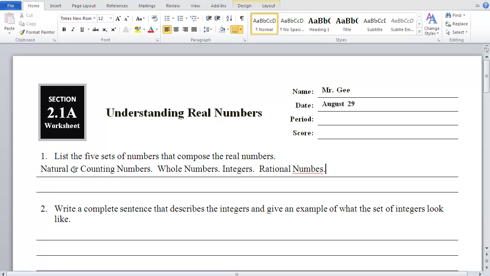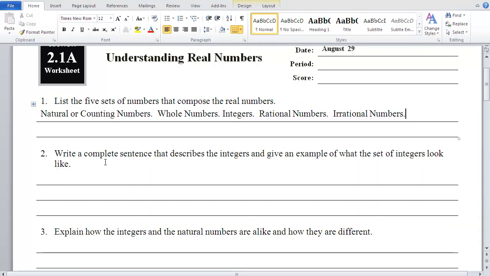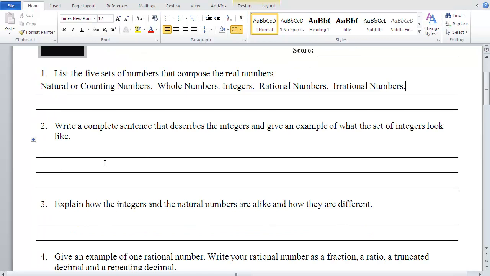And the last set of numbers is generated by any number that cannot be written as a ratio, where you have one integer over another, and those would be the irrational. So that's the answer to number 1, and this first part of this video will really help you with the graphic that's on the back.